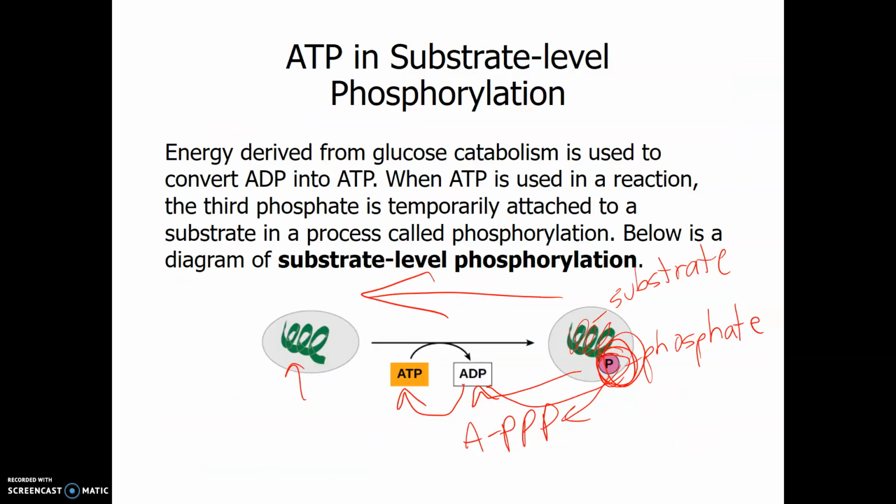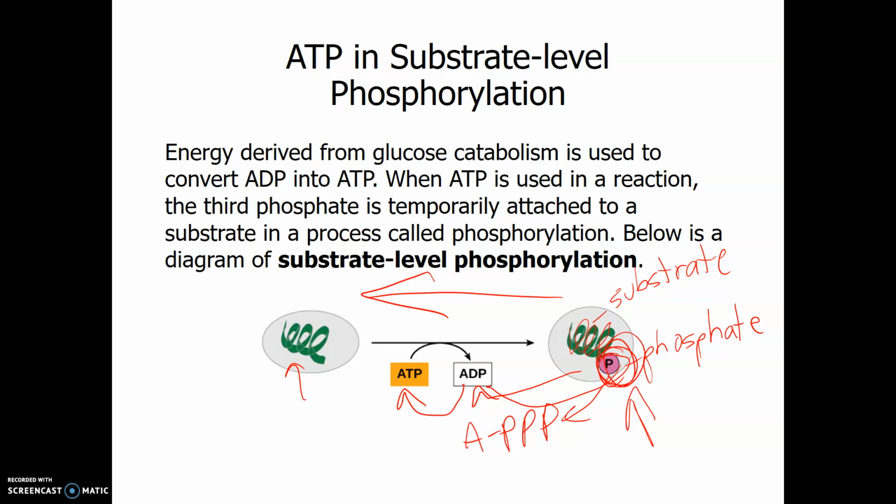One way that ATP is produced, I didn't really like this because it really should have been shown in the opposite direction, and I didn't mean to scribble all over the slide, but substrate level phosphorylation is when a chemical, like our green spiral chemical here, some chemical called the substrate has a phosphate attached to it, and it donates that phosphate to ADP, and that makes ADP ATP, adenosine triphosphate.